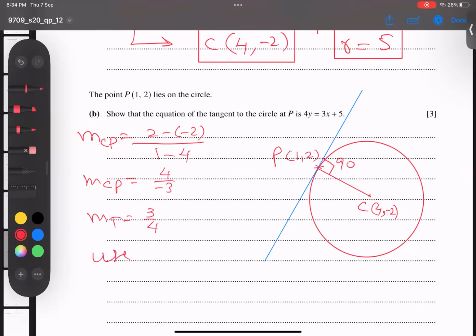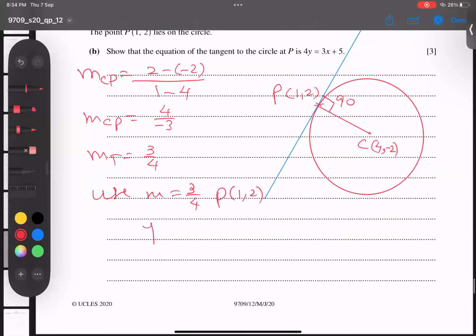Now I will use the gradient 3 by 4 and the coordinate P, 1 comma 2. The formula is y minus y1 equals m times x minus x1. This 2 behaves as y1, 1 behaves as x1, and this is the gradient. Very clear approach. Now just plug in the values. So y minus 2 equals 3 by 4 times x minus 1.